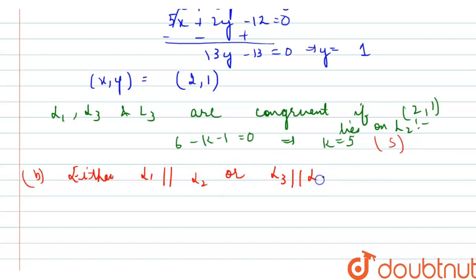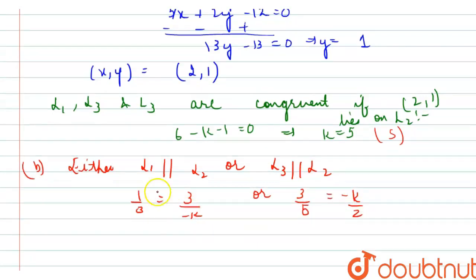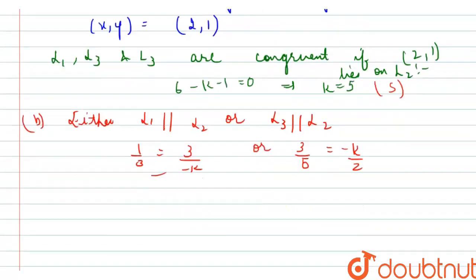So these are the two conditions. Then we can write 1 upon 3 is equal to 3 upon minus k, or if L3 is parallel to L2, then we can write 3 upon 5 is equal to minus k upon 2. Here I have compared the x and y coefficients of L1 and L2, and similarly for L3 and L2.